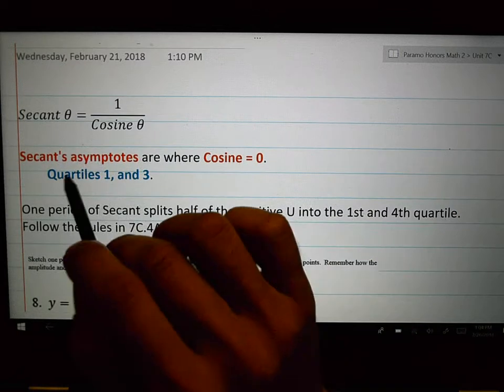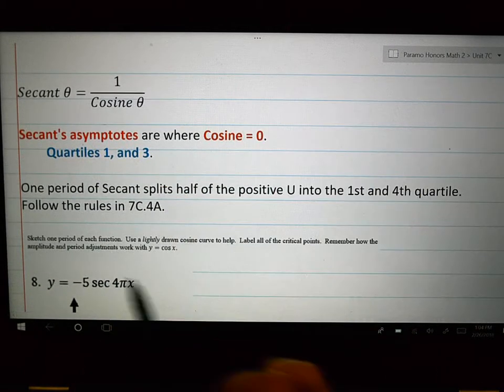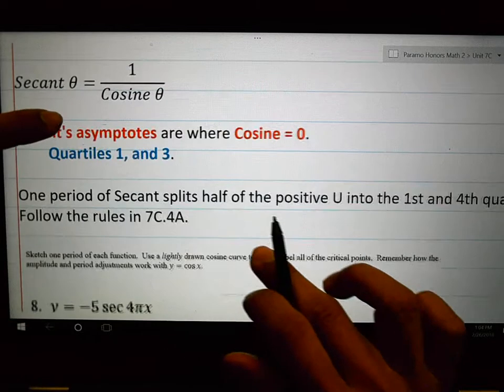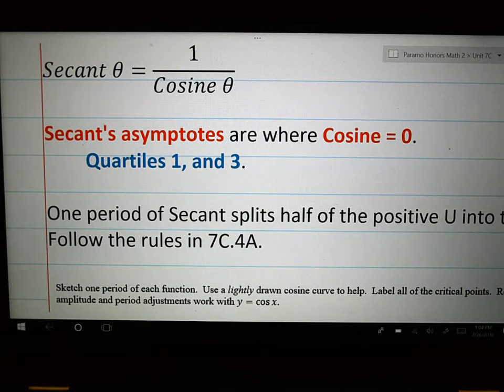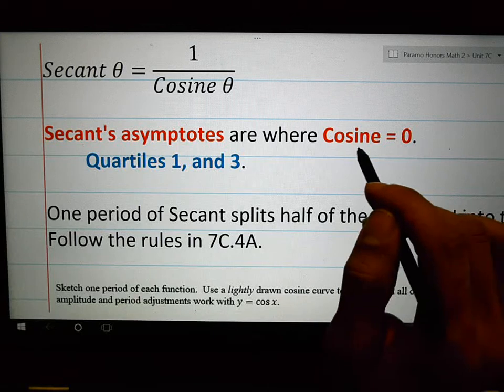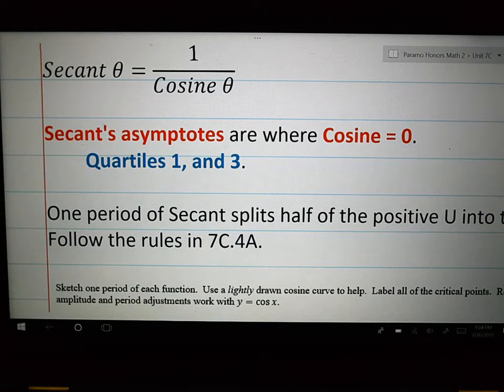Just like it was for cosecant, the secant's asymptotes are going to be where the cosine is equal to 0. So every place that the cosine is equal to 0 is where there's going to be an asymptote.